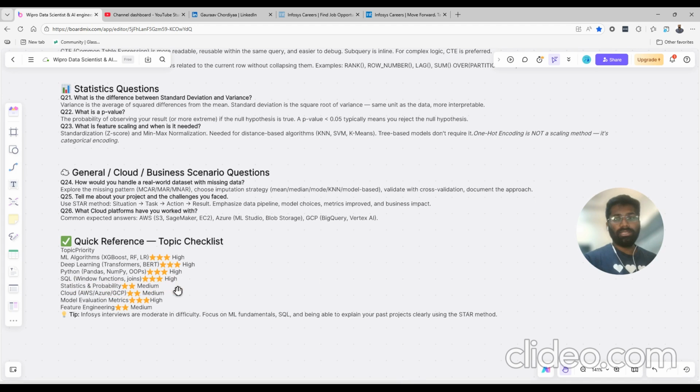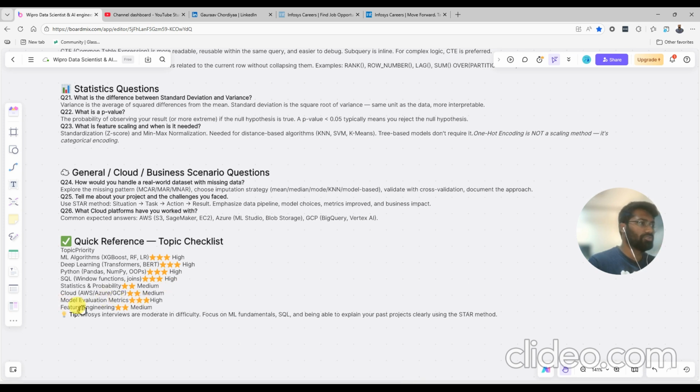Usually in 2020 and 21, statistics and probability was one of the highest asked topics, because data science was revolving around the industry, and so that was a very important topic at that time. Now it is in the mid, people will ask you fewer questions because they know that you have that understanding.